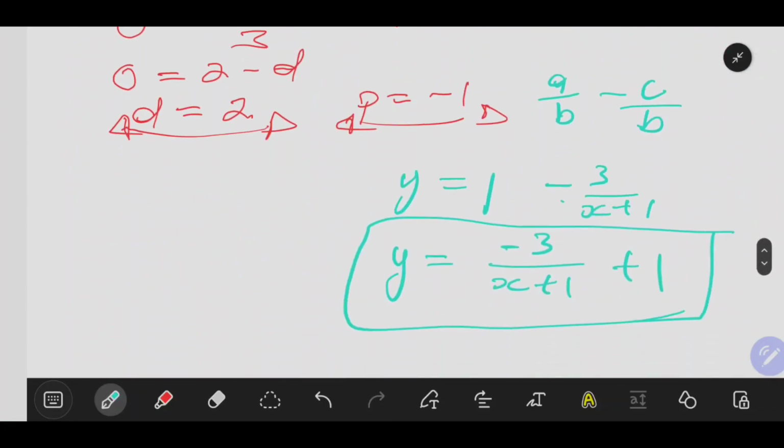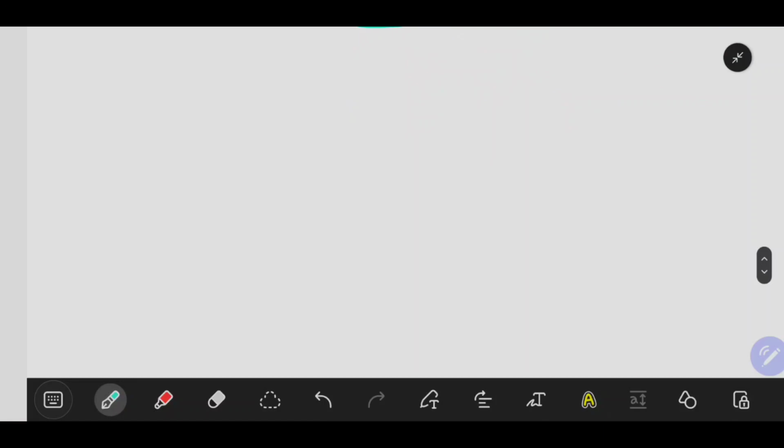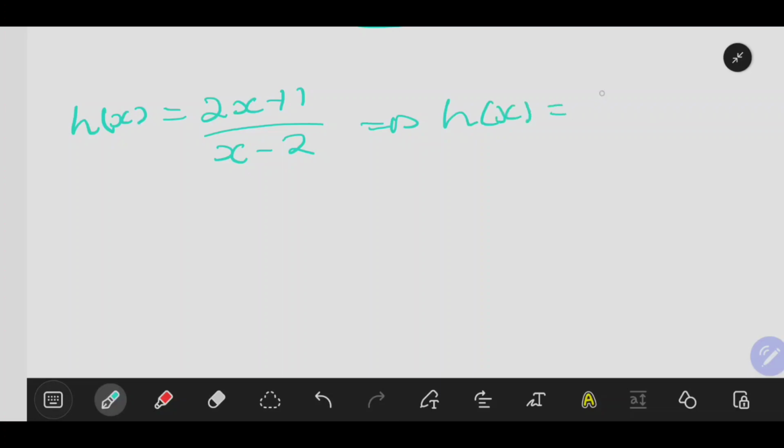We can try that again with a different example. So let's suppose you are given h of x equals 2x plus 1 divided by x minus 2. They want you to change this form to h of x equals a over x minus p plus q.